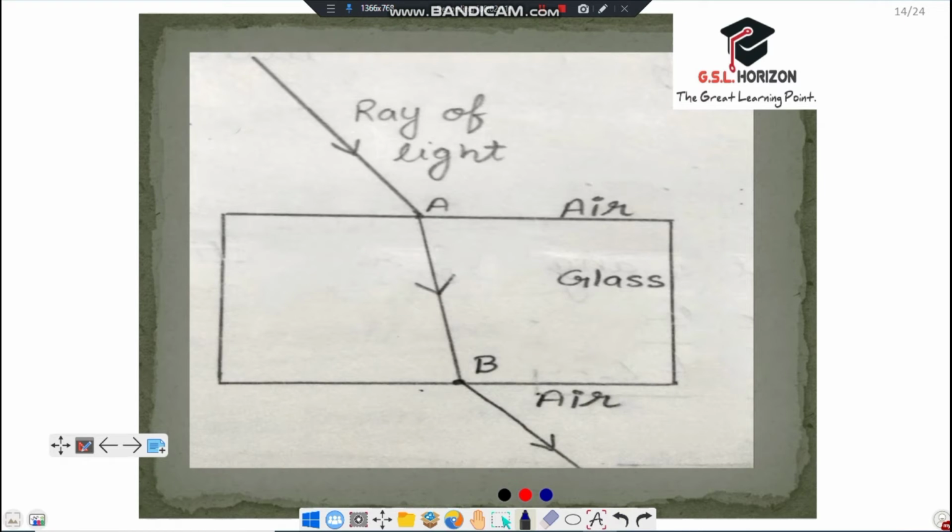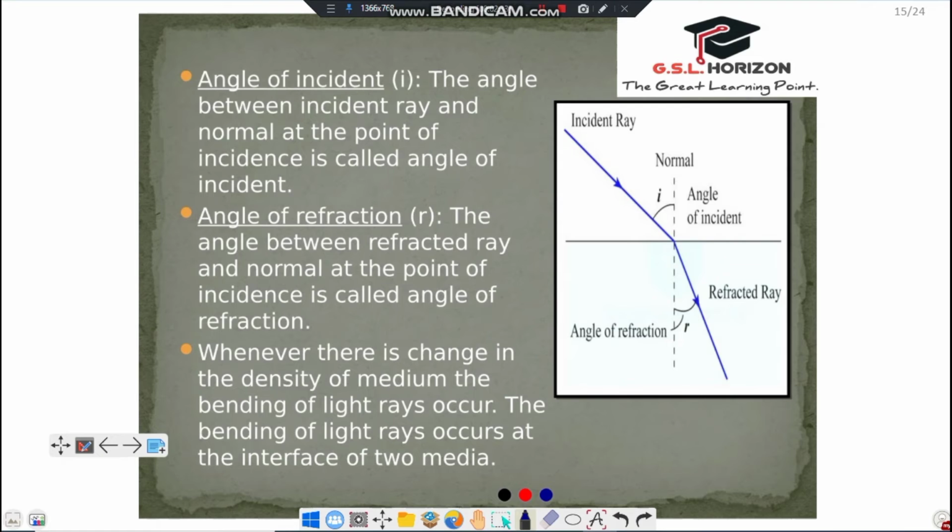We can say that when a ray of light passes from a rarer medium to a denser medium, it deviates from its path at some angle. As we can see on the screen, this is the best figure to understand this. So friends, let us understand the angle of incidence.